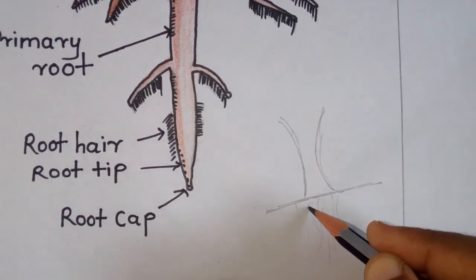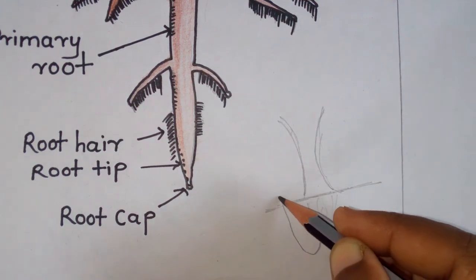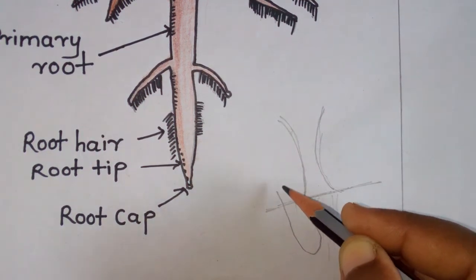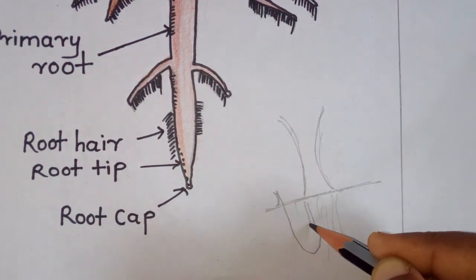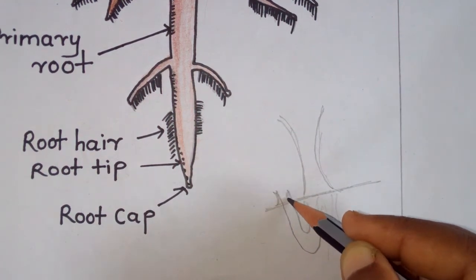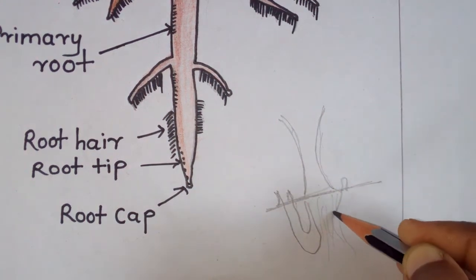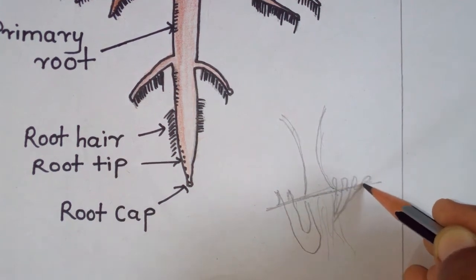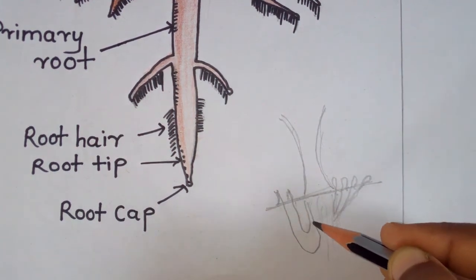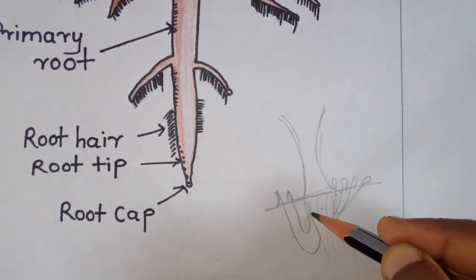These roots, for taking air, grow again in the upward direction. Here only these roots grow upward, for taking the air. Likewise, it is said to be the pneumatophores. The roots that grow inside the soil again grow upward for taking the air.